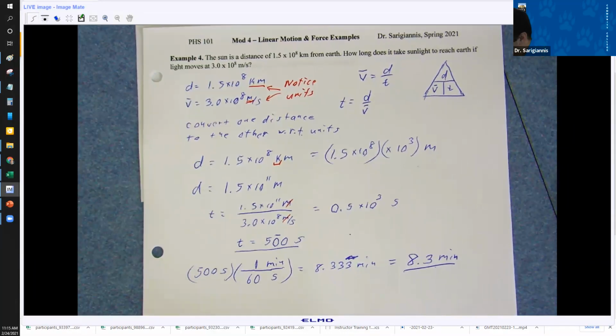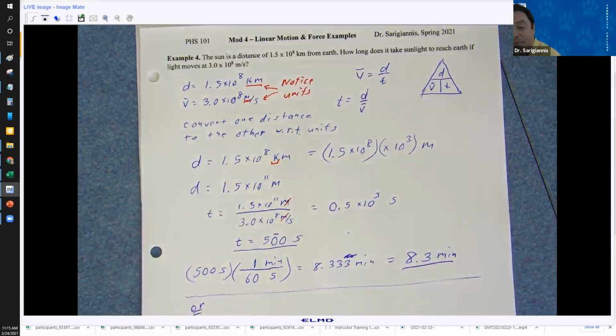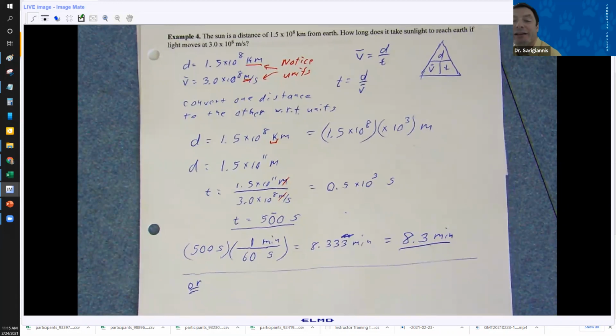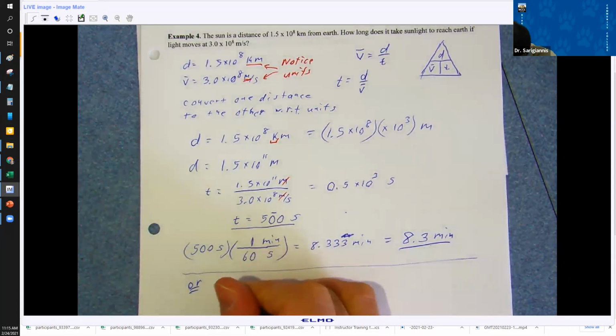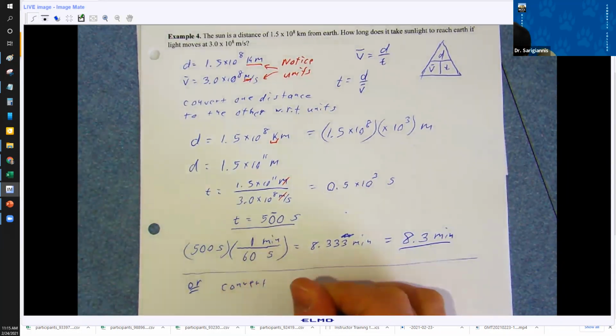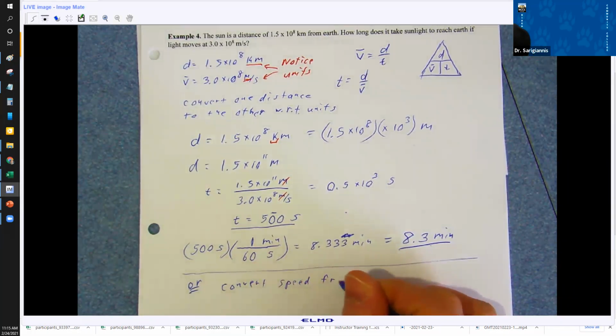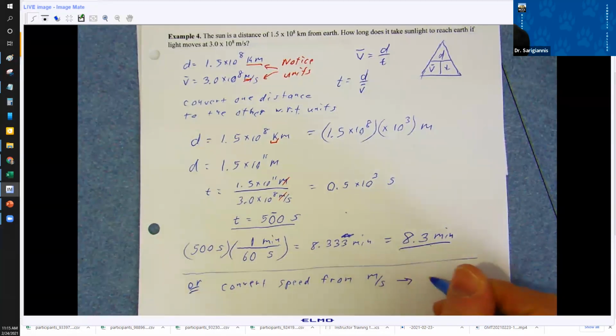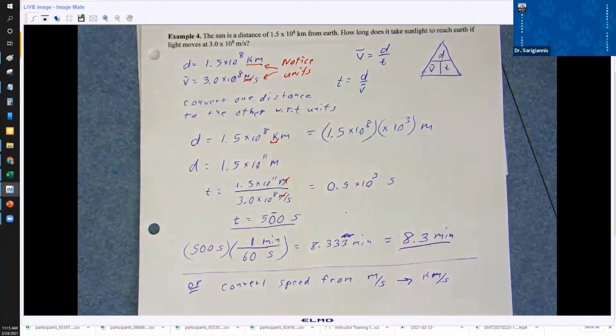The other thing you could have done here, I'm going to draw a faint line here. Instead of converting the distance from kilometers to meters, we can convert speed from meters per second to kilometers per second.